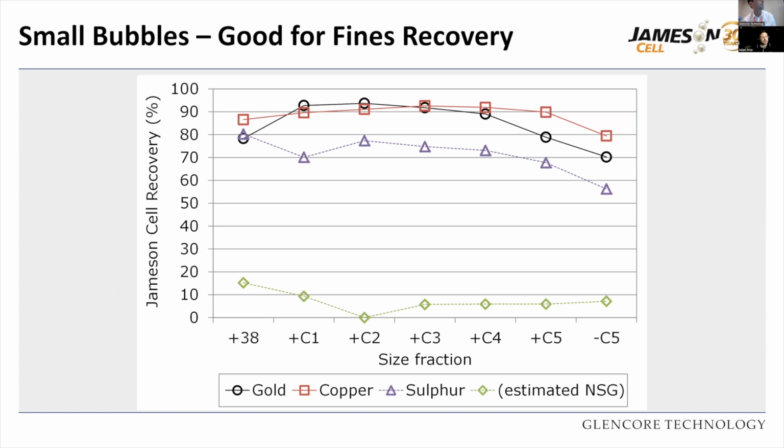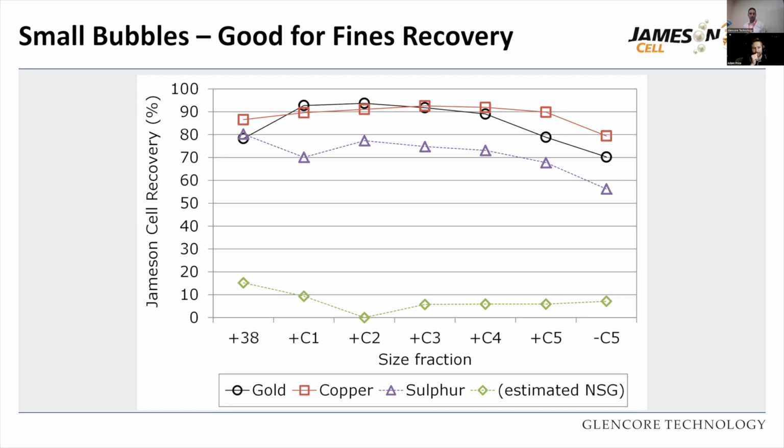So this is an example of where small bubbles have been shown to be very effective at recovering the really fine fraction. This was a copper gold example on a Jameson cell in the field, and we're taking the -38 fraction and seeing at the different cyclone fractions what the recovery was.